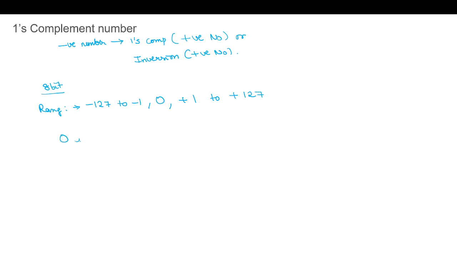And 0 is represented twice, as 8 zeros and 8 ones.